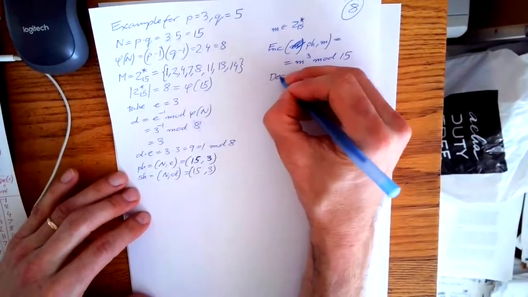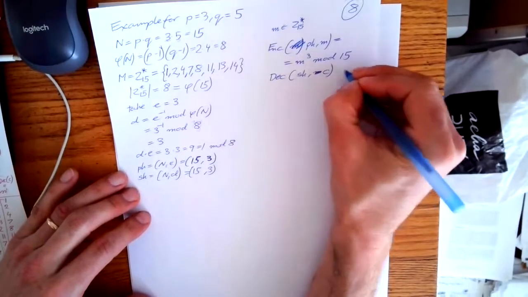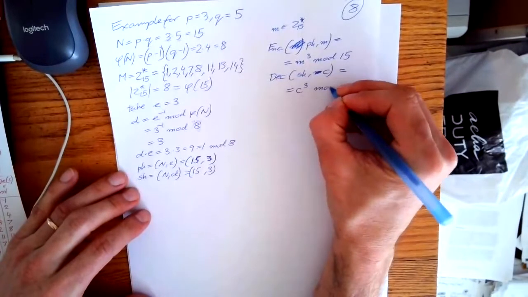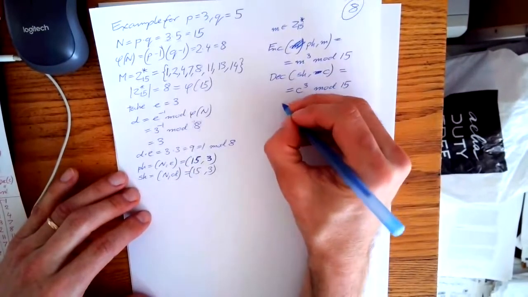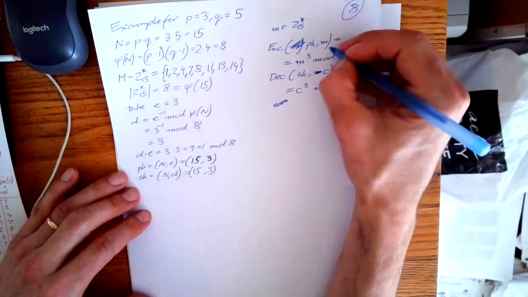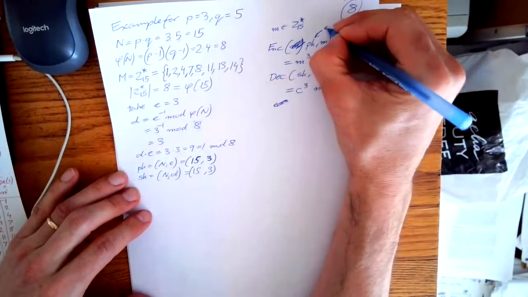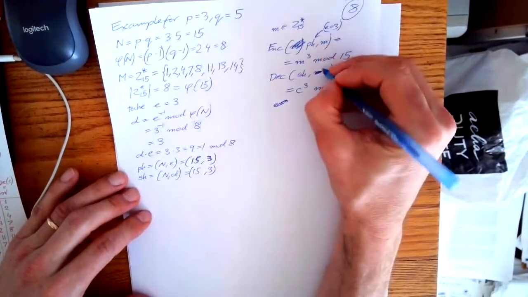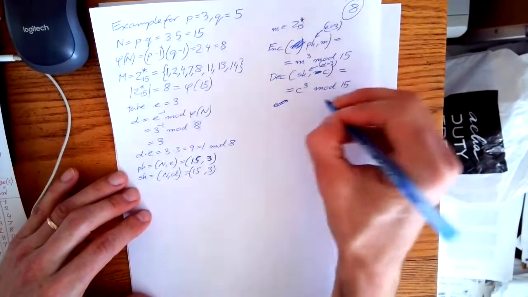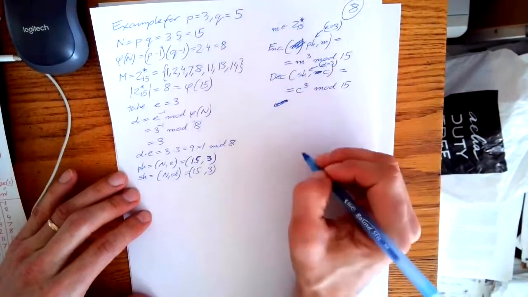And the decryption, using the secret key, of any ciphertext is ciphertext to the 3rd power mod 15, because e is 3, and here I use the decryption d as 3 as well. So that's why I have 3rd powers in both cases.